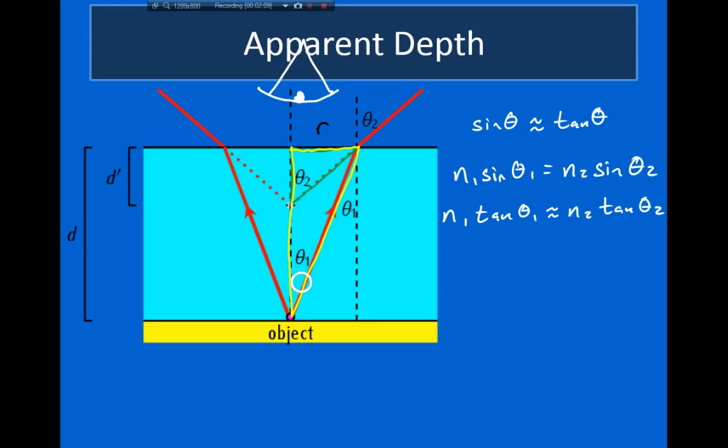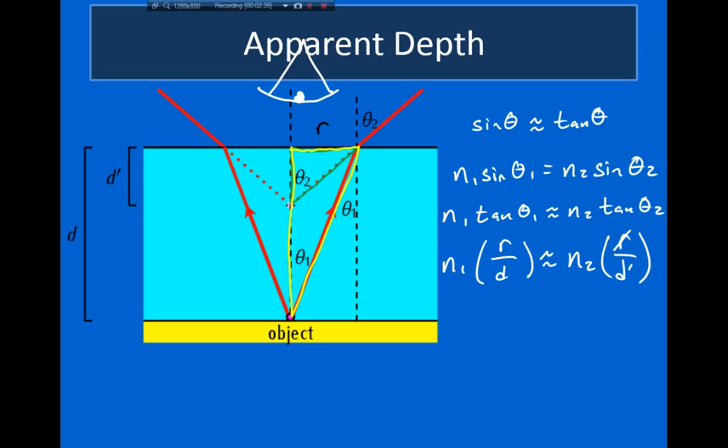And if we look at the tangent of theta 1, well, tangent is opposite, that's this length r, divided by adjacent, that's the actual depth of the object. So here we have n1 times r divided by d, and that's approximately equal to n2 times the tangent of theta 2, again that's opposite, that's the length r, divided by adjacent, that's the apparent depth of the object.